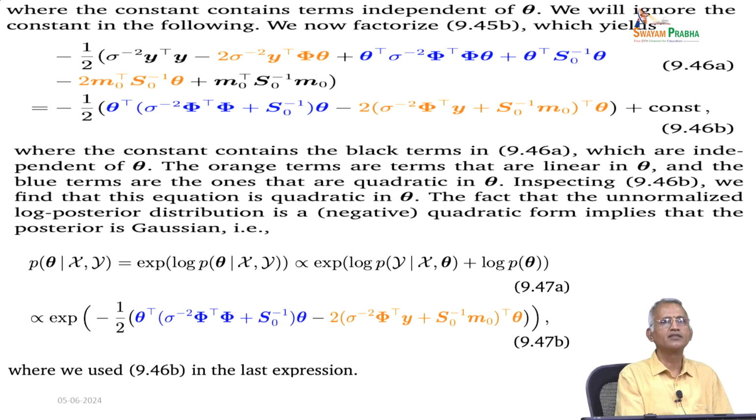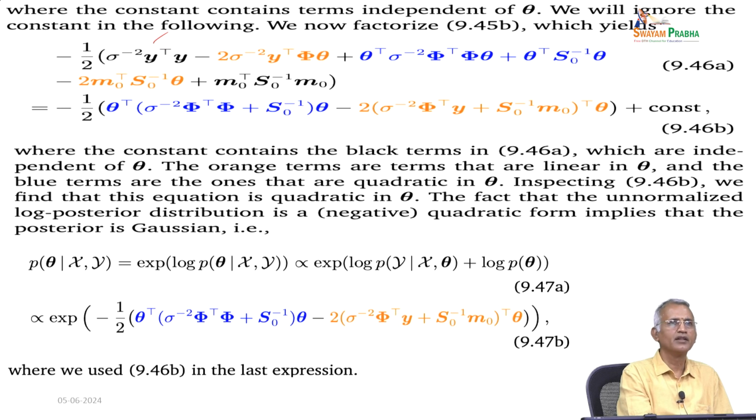So, we factorize 45b, which yields minus 1/2 into sigma to the power minus 2 y transpose y, minus 2 y transpose Phi theta, plus theta transpose into sigma to the power minus 2 into Phi transpose Phi theta, plus theta transpose S naught inverse theta, minus 2 m naught transpose S naught inverse theta, plus m naught transpose S naught inverse m naught.